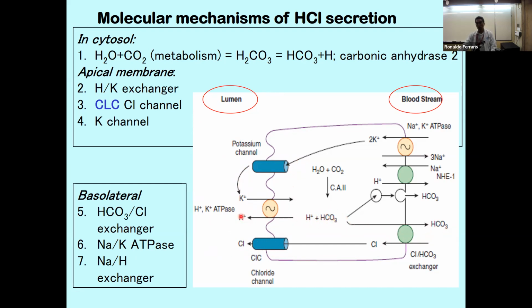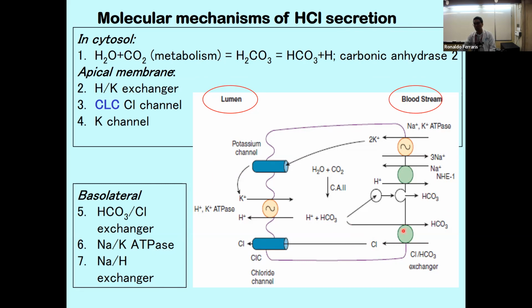When there is a lot of acid being produced by your stomach, by the parietal cell, this also means that your parietal cell is making a lot of bicarbonate. So much so that when you're actively eating, the pH in the capillaries taking blood away from your stomach to the main circulation is actually significantly higher than systemic pH.